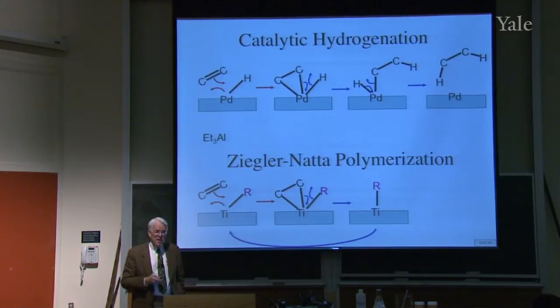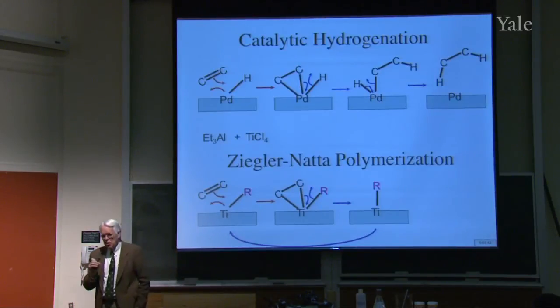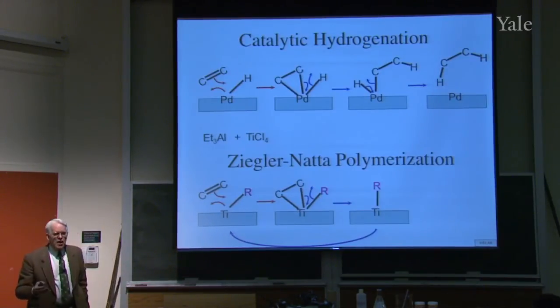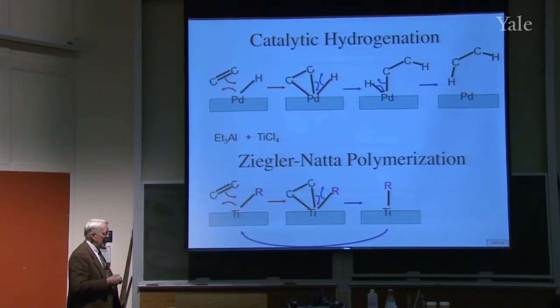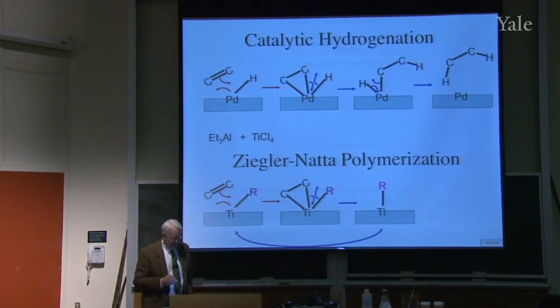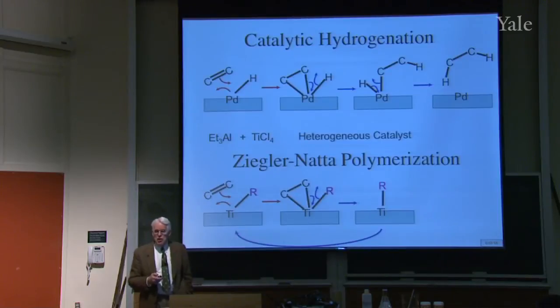And after the war, he continued that work, but sometimes they found different products rather than these oils they were trying to make. And they traced it to the presence of metals in the reactor. So then they tried all different salts, and when they used titanium tetrachloride, they found that they had made a heterogeneous catalyst for polymerization, the thing that I've shown here.